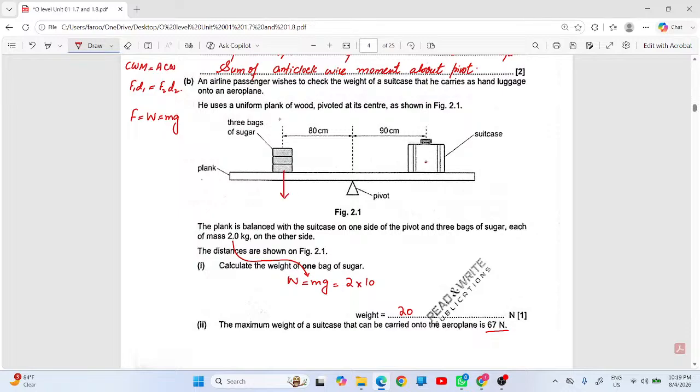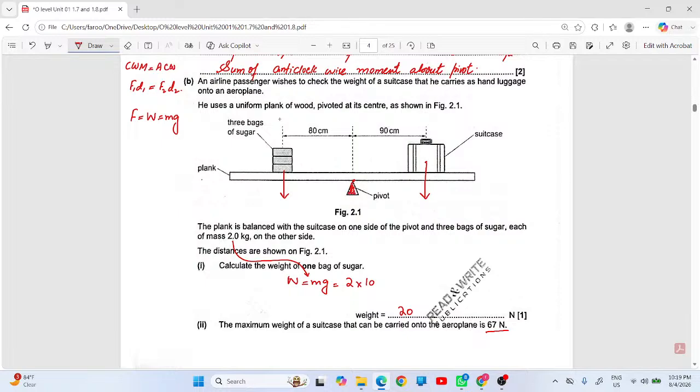Maida, which will create a clockwise and anti-clockwise moment in this picture? The question is that on the left side we have 3 bags of sugar, and on the right side we have a suitcase placed on a plank, and the plank is in equilibrium on this pivot.